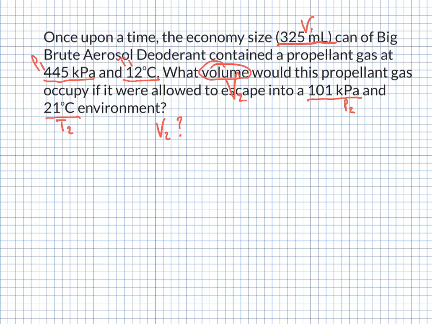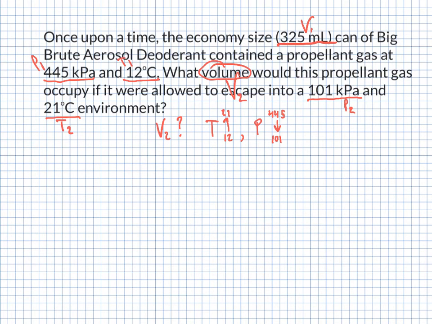So let's see if we can logic anything out here. My temperature went from 12 up to 21, so my temperature increased. And my pressure went from 445 down to 101, so my pressure decreased.